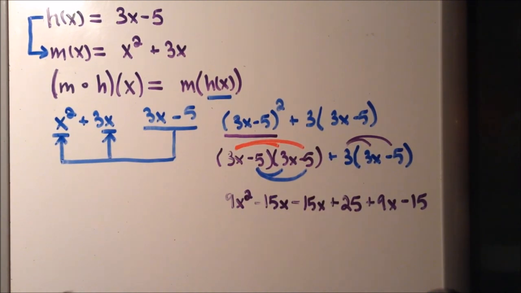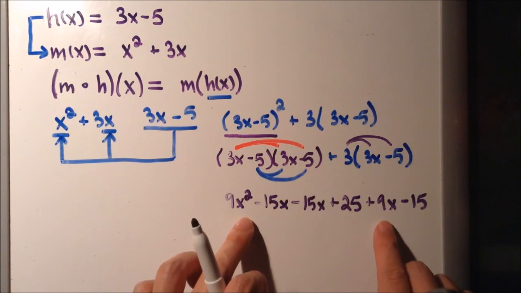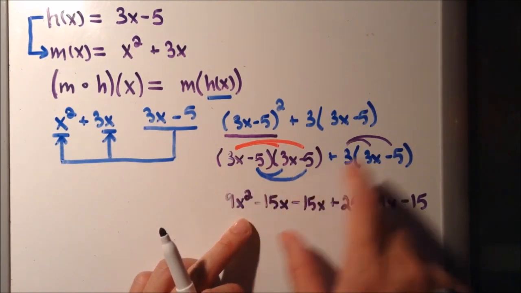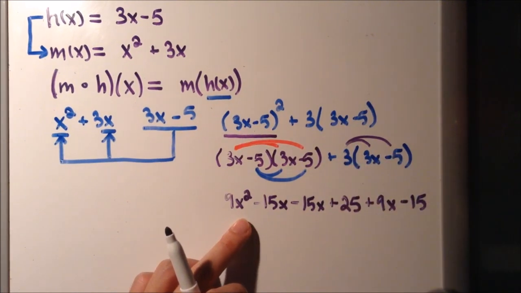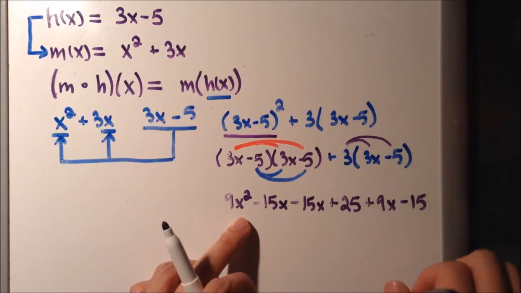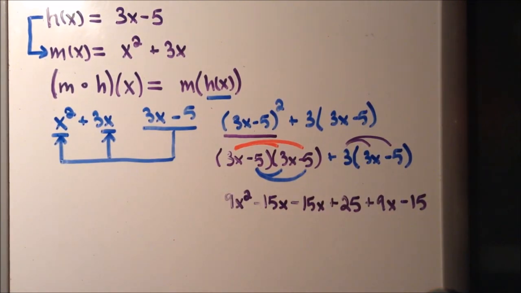There's no x squared term from that part. Now all we're doing is combining like terms. We finished foiling and we finished distributing.